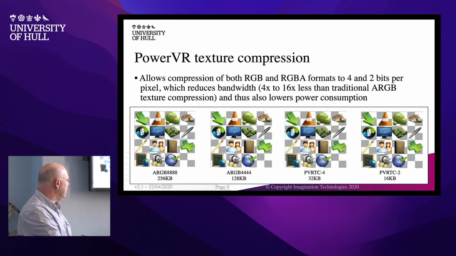What you can do is reduce that to 4 bits. But the PowerVR hardware actually has its own compression techniques. So all of these are made from this original image here.